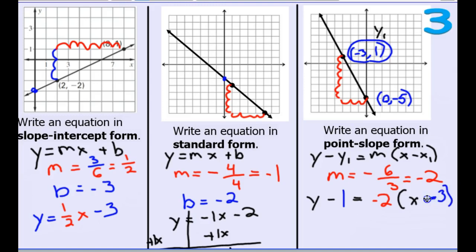Then two negatives make a positive. So in our point slope form, we have y minus 1 equals -2 times x plus 3.